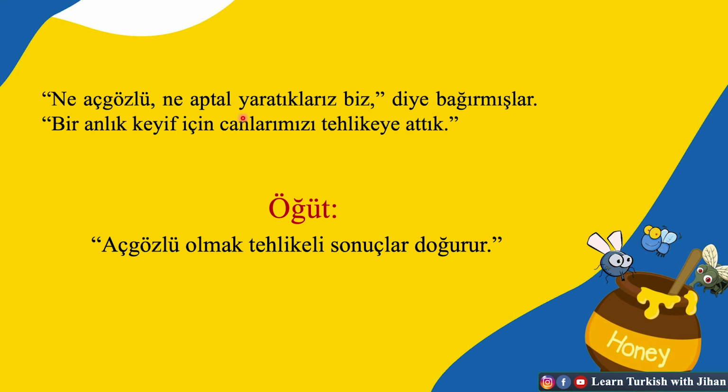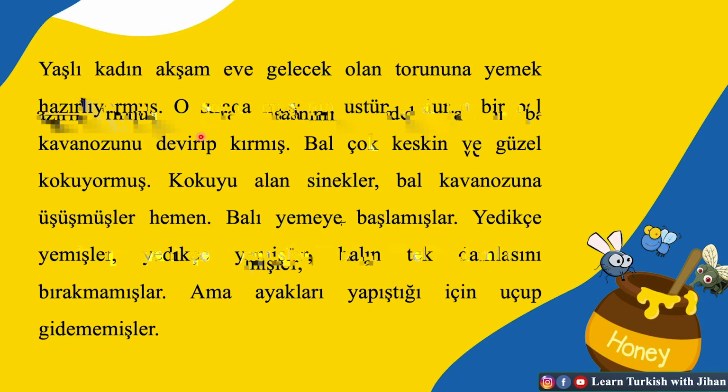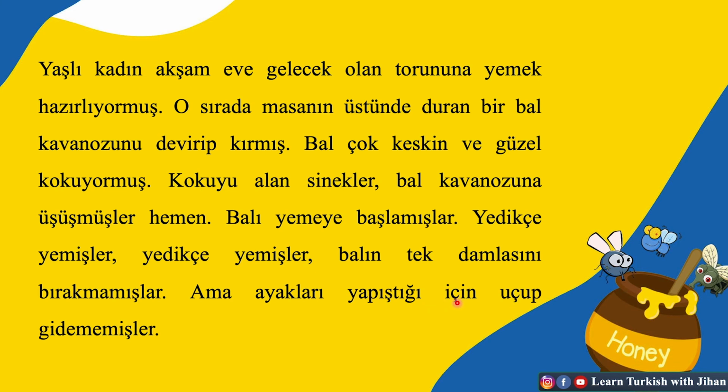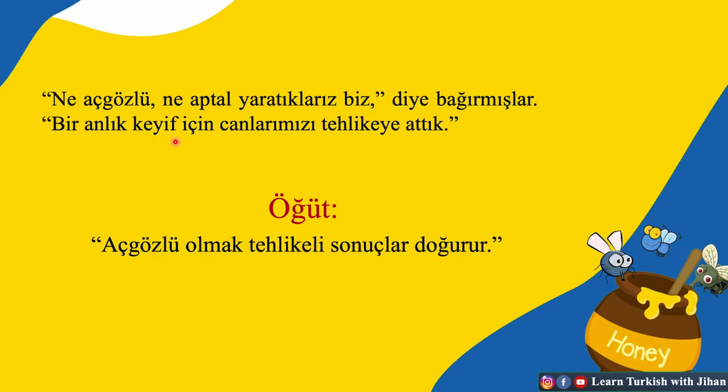Our lives for a moment of pleasure. So bir anlık, a moment, keyif, pleasure, için, for. Here earlier, yapıştığı için meant because we stuck. This is something else. İçin alone means for. For a moment of pleasure, we risked our lives.